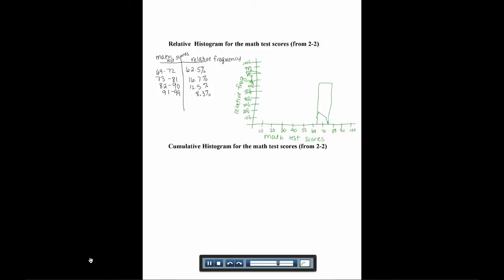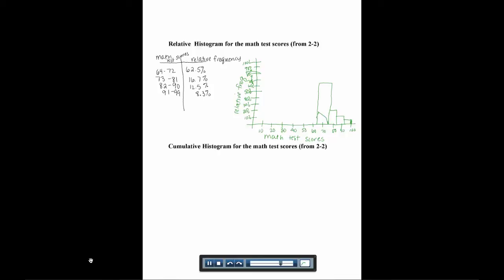Then the next one, which is going to go up to 82, is going to be at 16%. And the next one is going to be at about 12.5%. And the last one's at 8.3%. So the shape of this one should look exactly the same as the other one. The shape should be, it starts increasing and then it goes down.